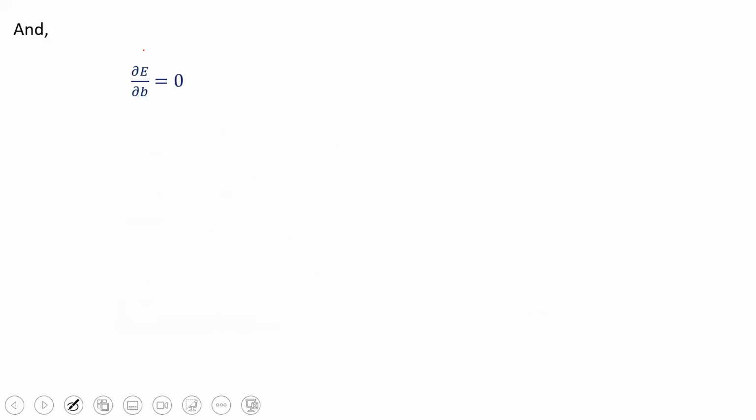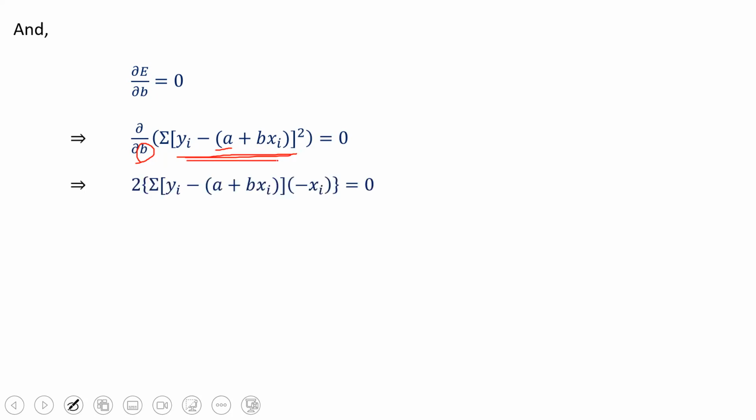So the partial derivative of e with respect to b. The same process we apply over here, but now the variable is b, not a. Again, what is the derivative of x square? The derivative of x square is 2 times x. Then the derivative of yi with respect to b is 0.